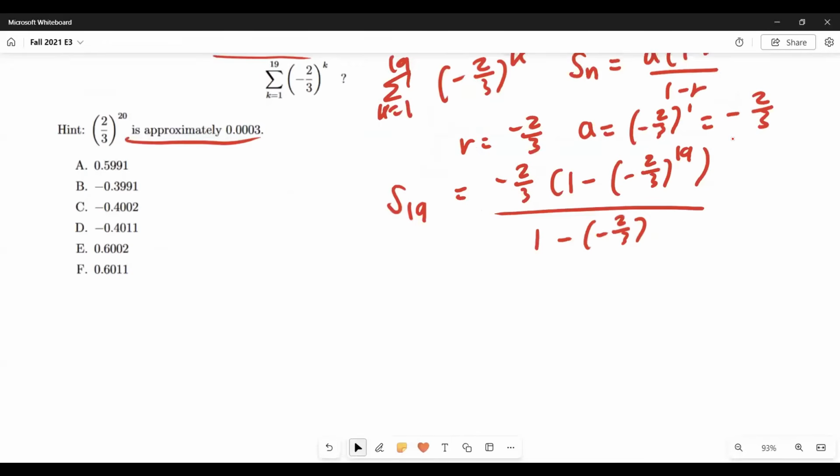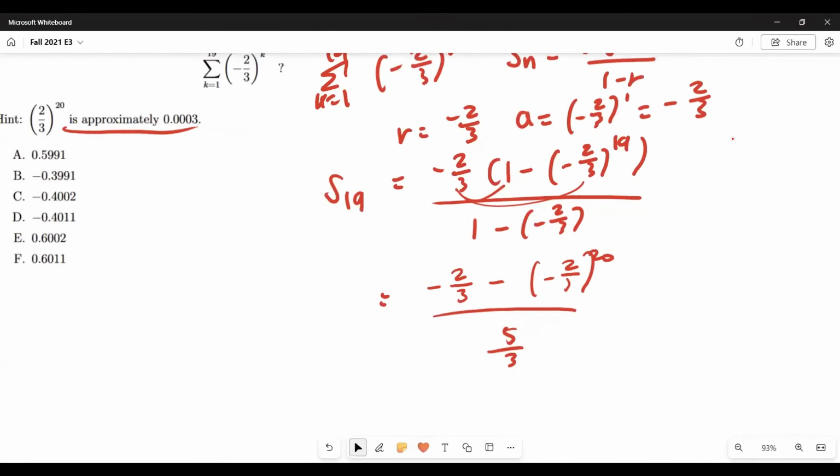Okay, so this is the same as 5/3 in the denominator, and you can distribute -2/3 in both terms, right? This becomes -2/3 minus (-2/3) to the 20 power. So we know that (-2/3) to the 20 power is approximately 0.0003, right?